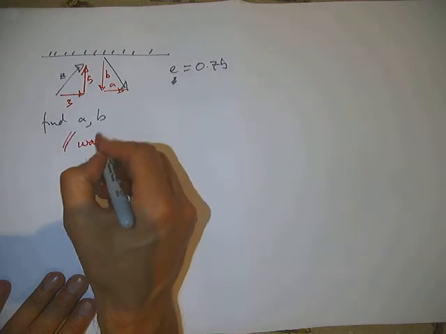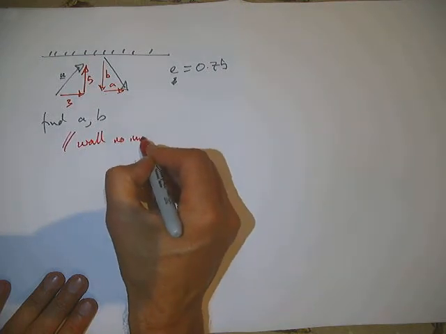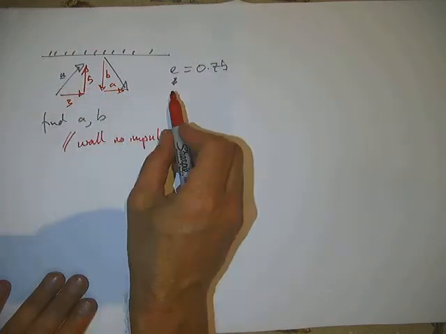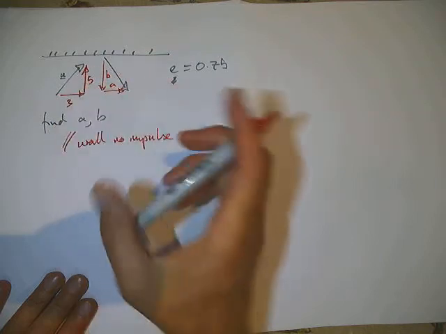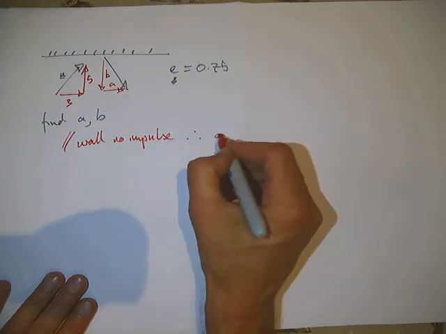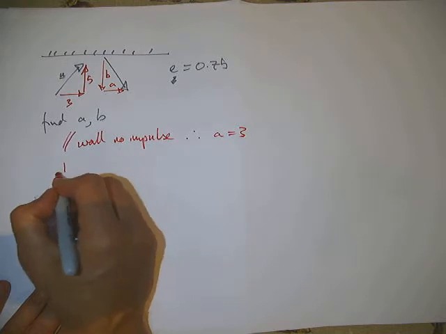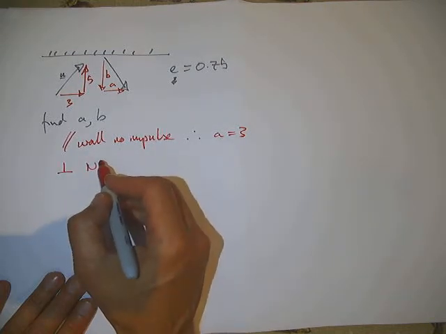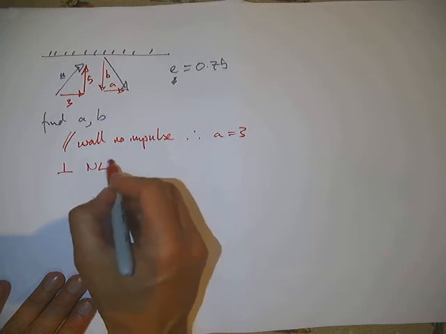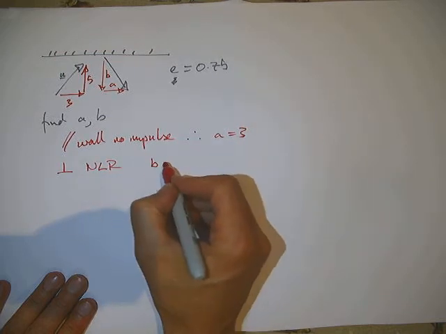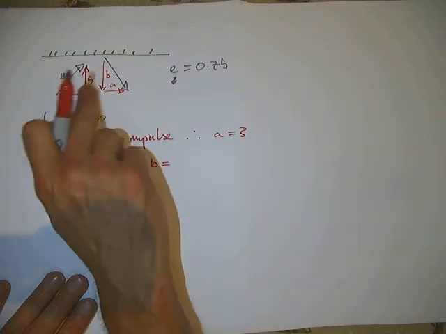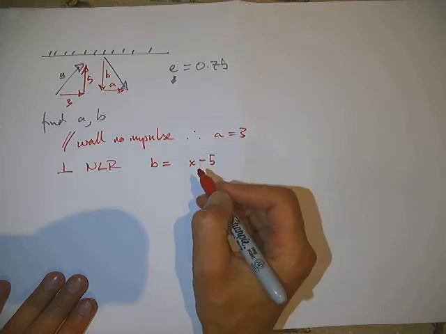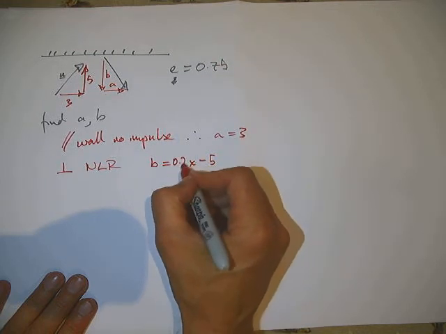Simply this. Parallel to wall, no impulse. Therefore, parallel to the wall is this way, so we've got A equals 3. Perpendicular to the wall, Newton's law of restitution, which means that B is whatever that is, with the sign changed, multiplied by coefficient of restitution.